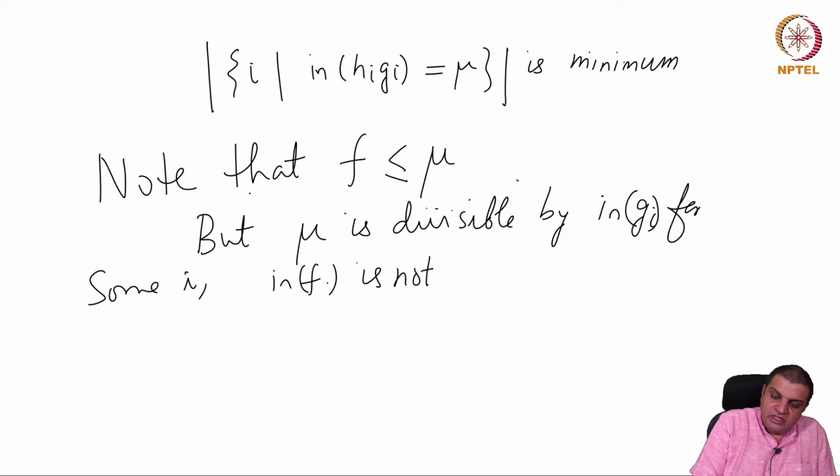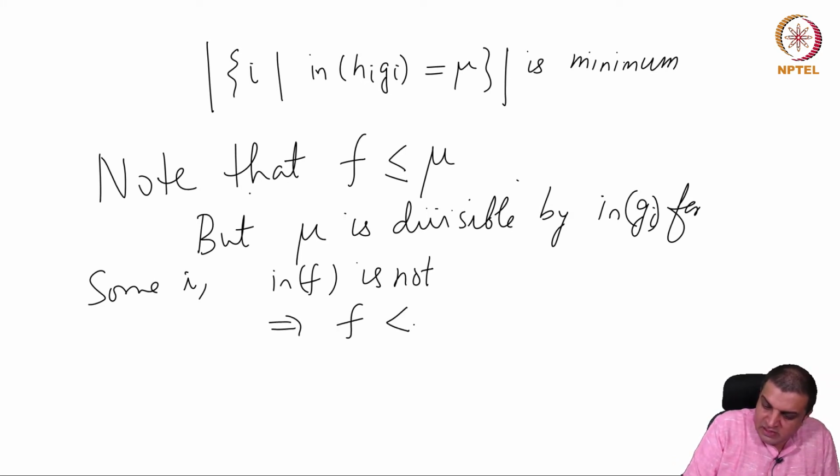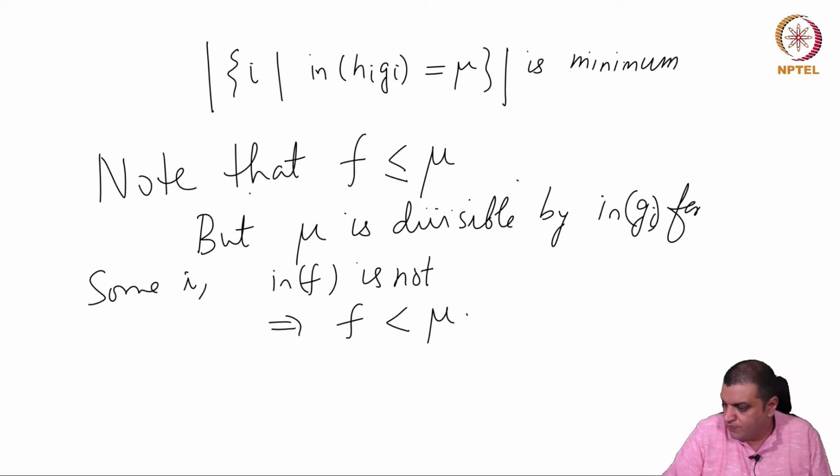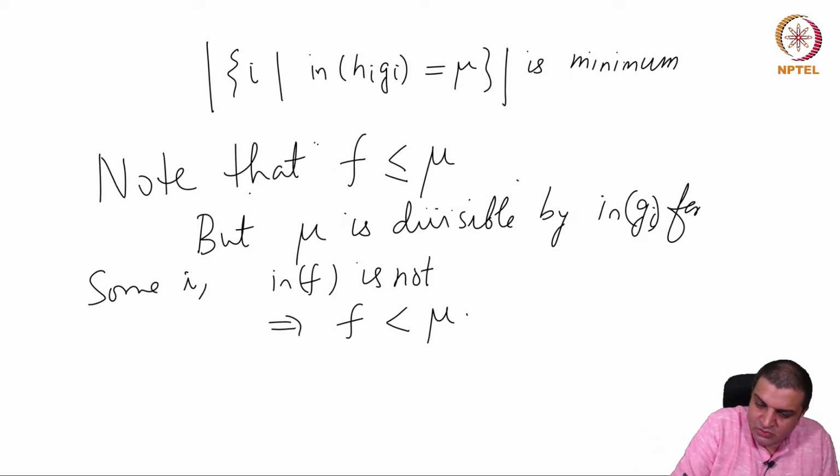The assumption was that the initial term of F is not in the initial ideal, so it's not divisible by the initial terms of the elements of the generators G. So this now implies that the initial term of F is strictly smaller than mu.